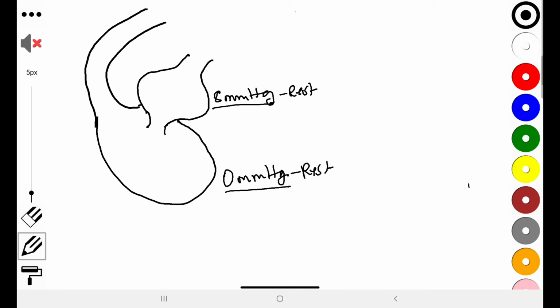Okay, so let's just go through what we said again. The pressure in the atria is higher than that in the ventricle. So because of that, what is in the atria can actually get into the ventricular chamber.